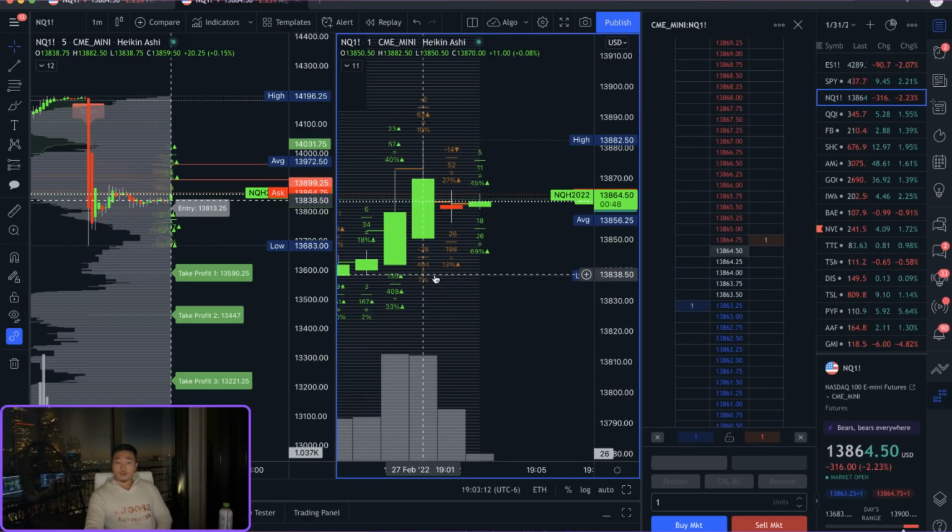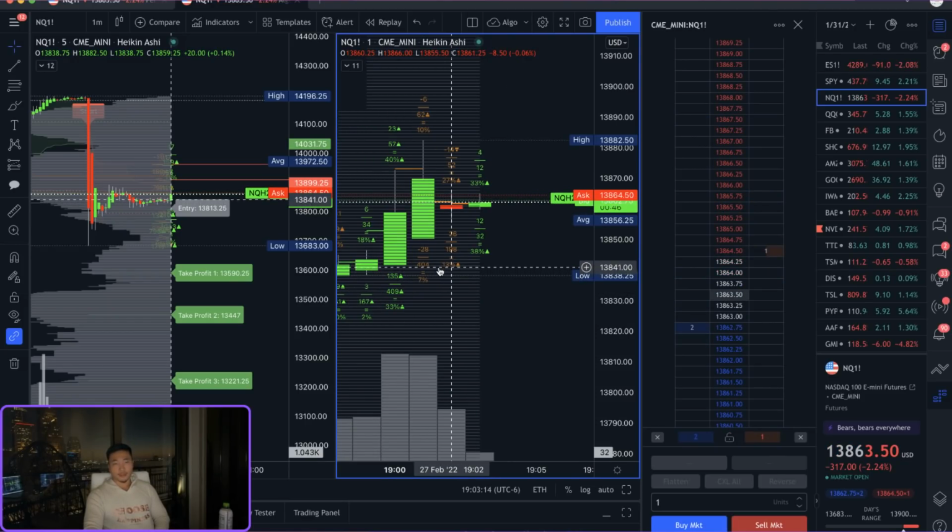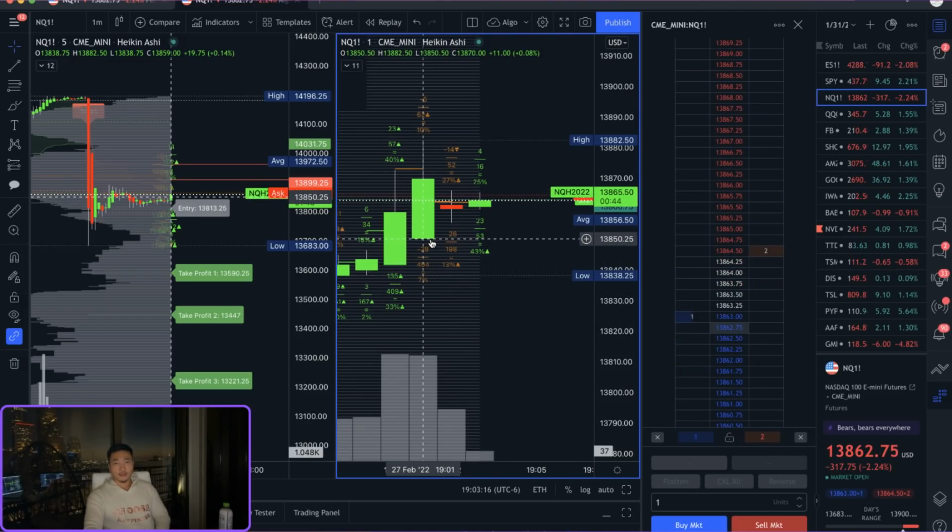That means there are more sells than buys on this candle on the 15-second, and it signals the first sign of weakness.